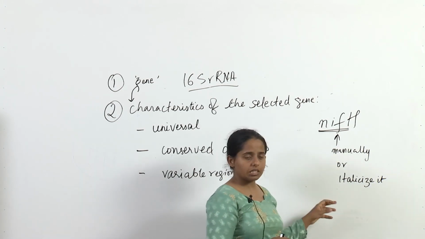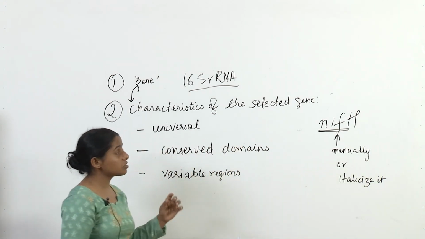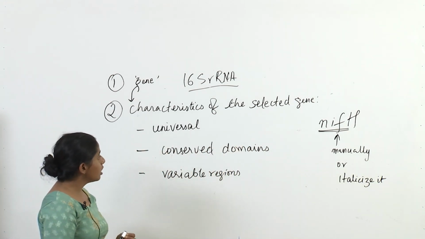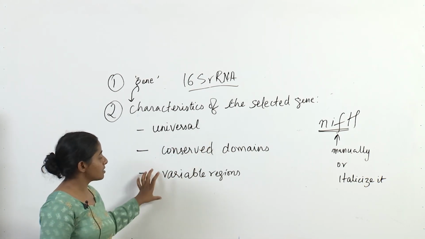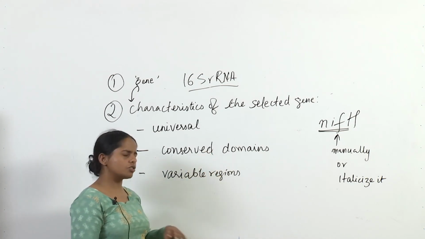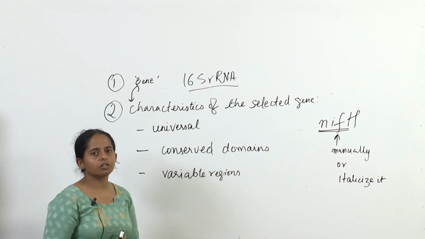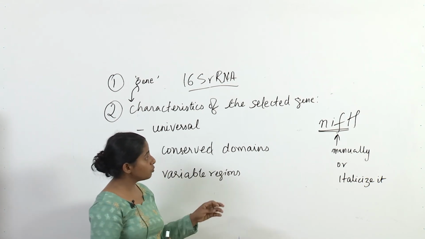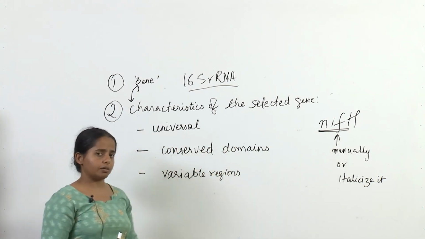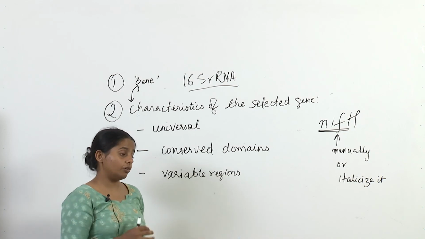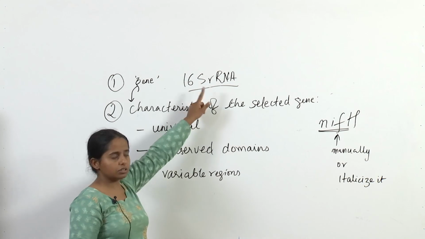So instead of using 16S rRNA, they used the nifH gene, and what we very soon found out was that this is not a very good gene for making phylogenetic trees, because even though it is universal to all nitrogen fixing bacteria, it has more variable regions than conserved domains. There is such variation in different nifH genes that we cannot make meaningful evolutionary trees. So even though we use this as a marker for nitrogen fixation, if we want to take all nitrogen fixing bacteria and make the evolutionary tree to find out what their last universal common ancestor was, then we need to go back to the 16S rRNA gene.